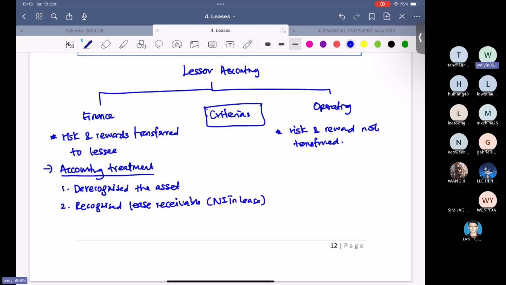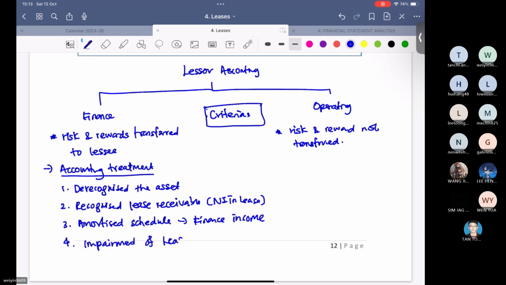Okay. Then number 3, do your amortized schedule to identify your finance income. Number 4, any impairment of lease receivable is part under IFRS 9.